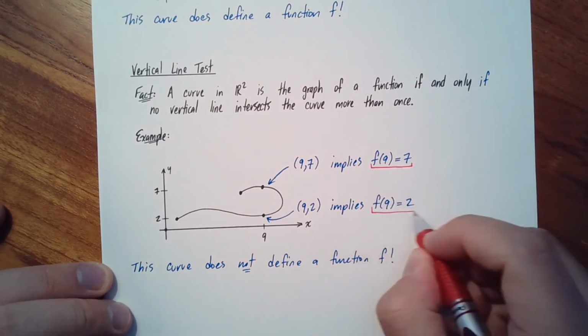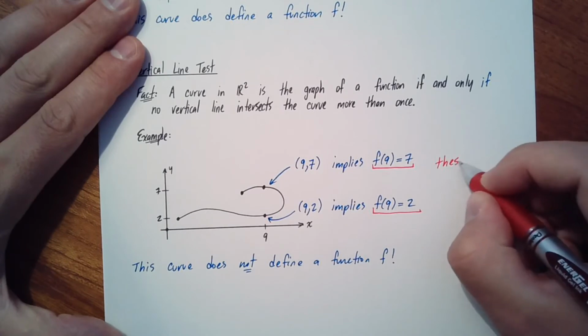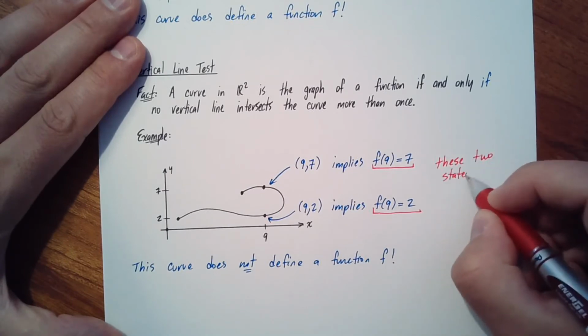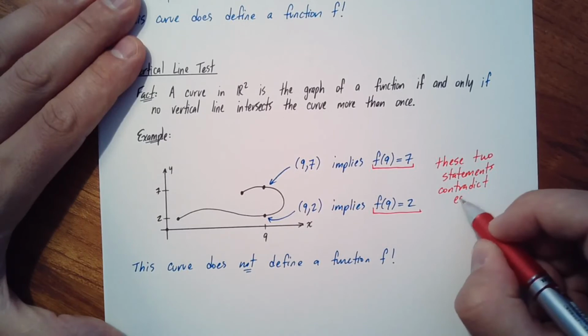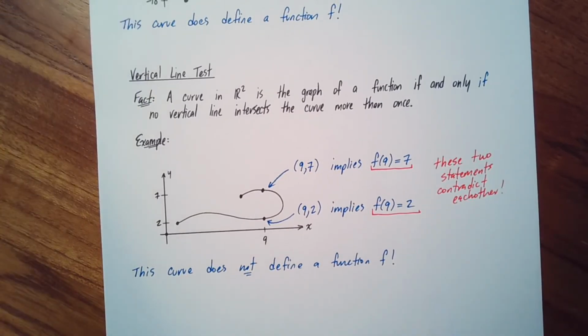These two statements cannot both be true. So let's say these two statements contradict each other. Okay, so they can't both be true. So that's why this curve doesn't define a function, right?